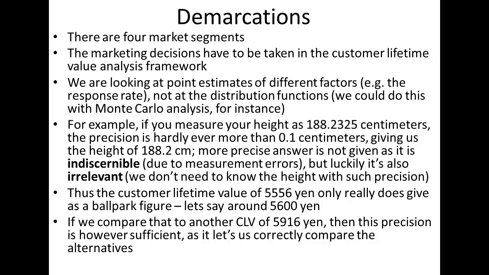We can't get such an exact number as 0.2325 without making some measurement errors. And luckily it's also irrelevant, because we don't need to know the height with such precision. The height of 188.2 centimeters is enough for almost every purpose.